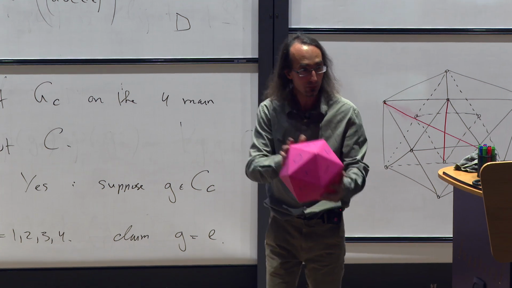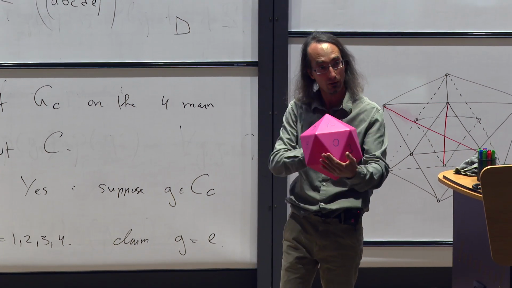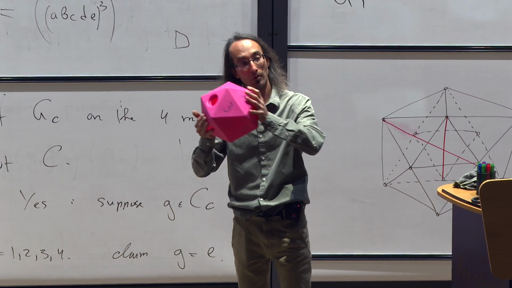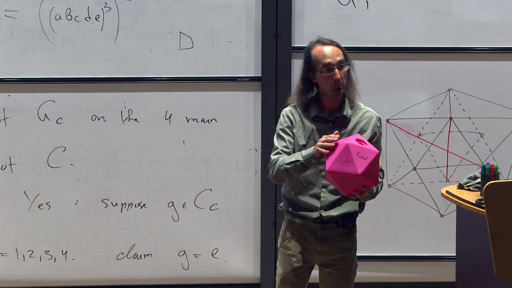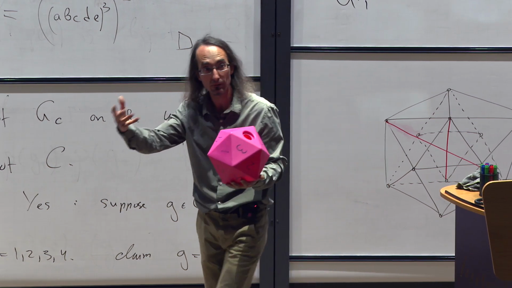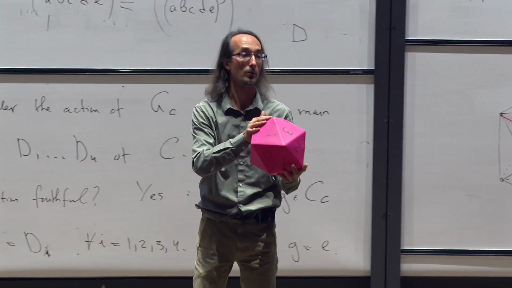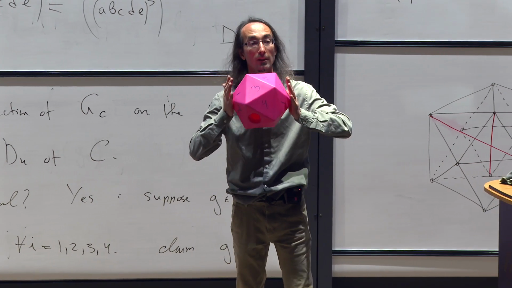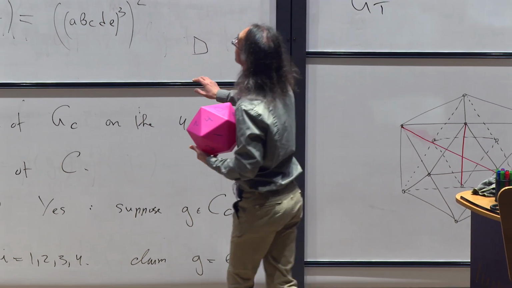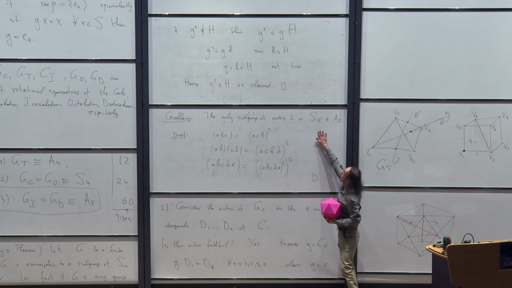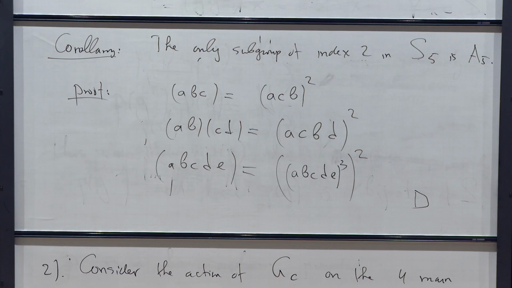And then once we do that, we are done, because if you have a faithful action of the group on 5 things, the group is isomorphic to a subgroup of S5. That subgroup has size 60, because we know the size of the icosahedral group is 60. So we have a subgroup of index 2 in S5, and by this corollary, we know it's A5. So this is one way to prove that the icosahedral group is isomorphic to A5.